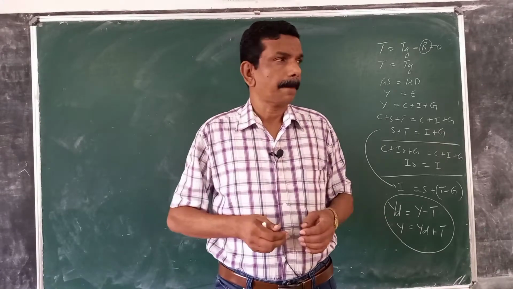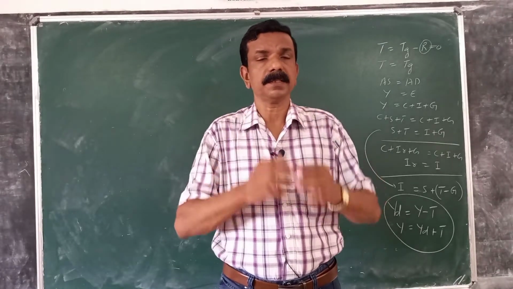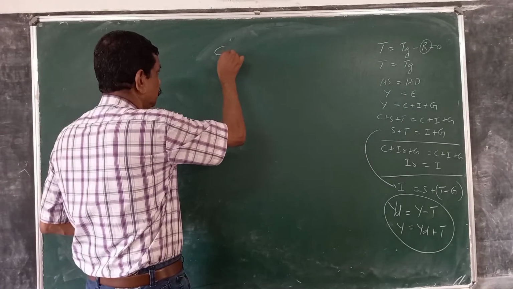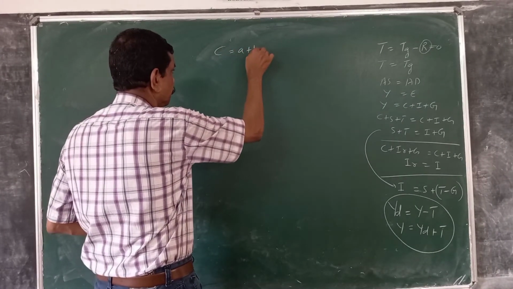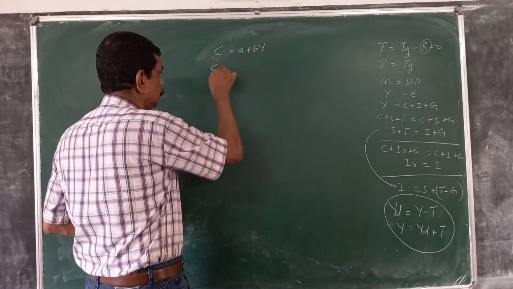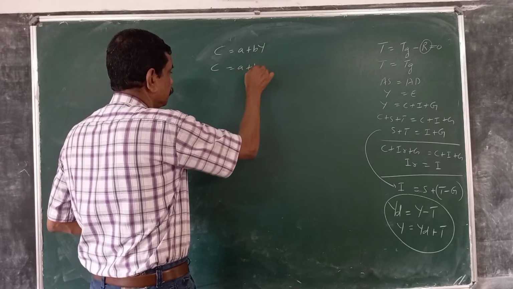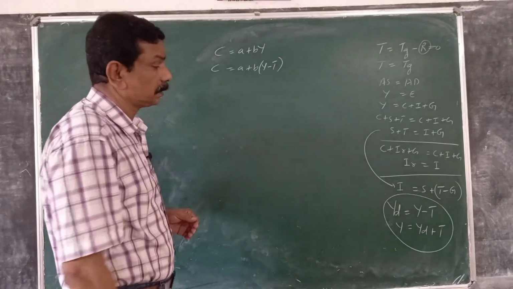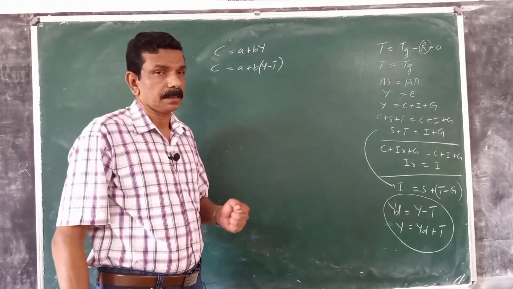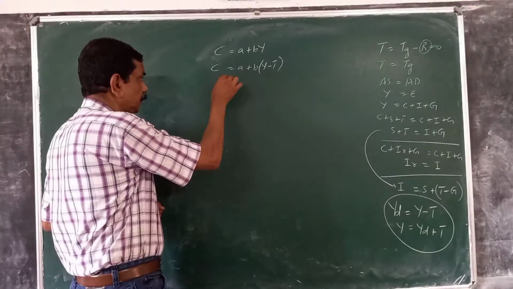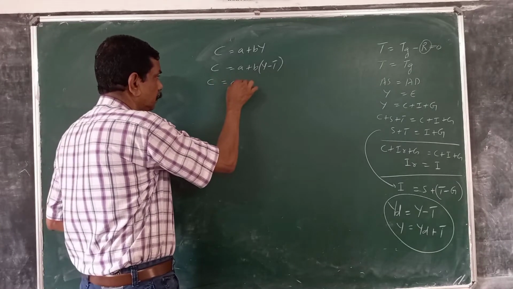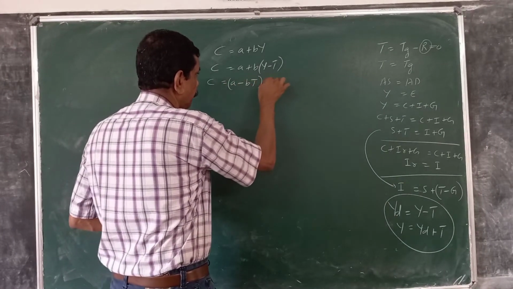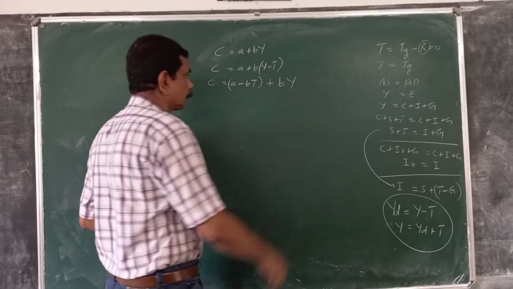Then there is a slight modification to the consumption function. Initially C was equal to A plus BY in the two-sector model. Now it is C is equal to A plus B YD. Now consumption is a function of disposable income, so that we can write C as equal to A minus BT plus BY.